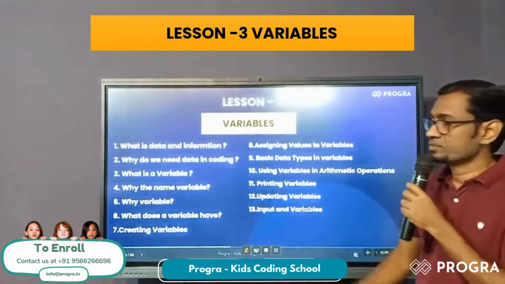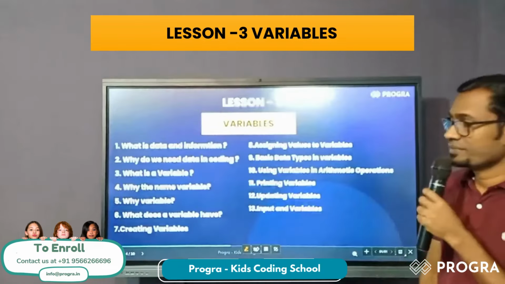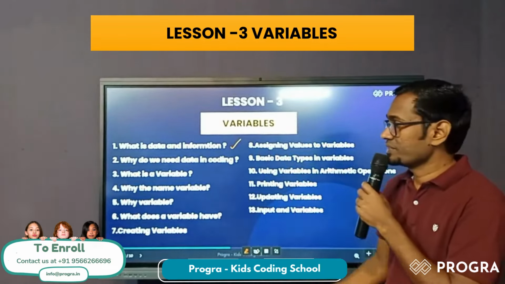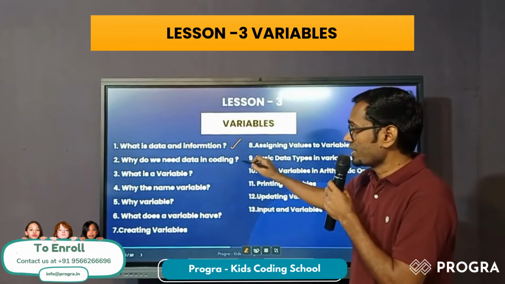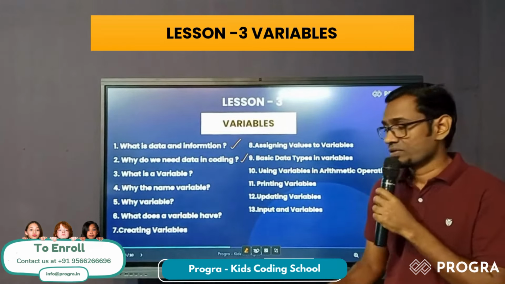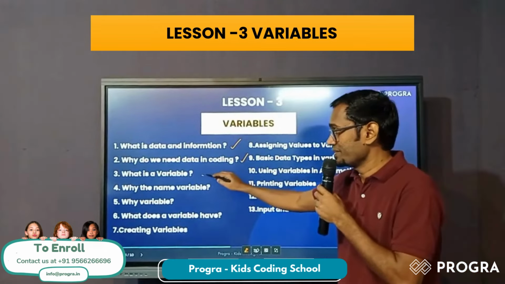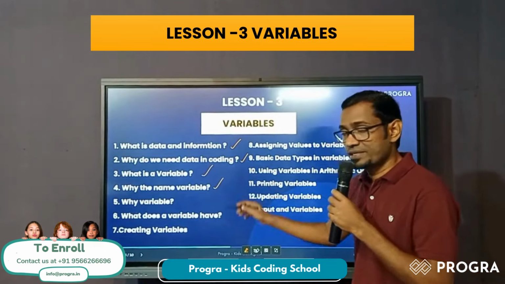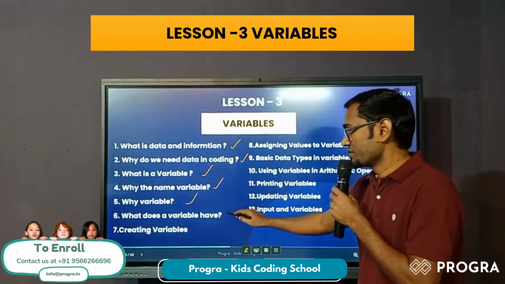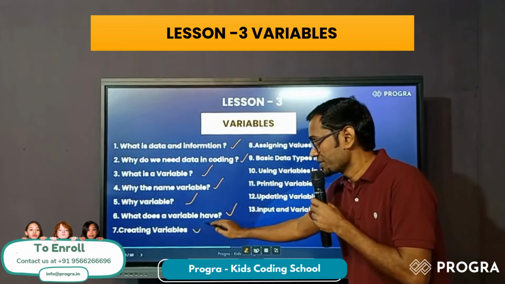Lesson 3 is more about variables. We will have topics like what is data and information. Before diving into variables, we need to know what is data and information, and then we will see why we need data in coding, and then we will see topics like variables, why the name variable, why we need variables, what a variable has, and how to create variables.